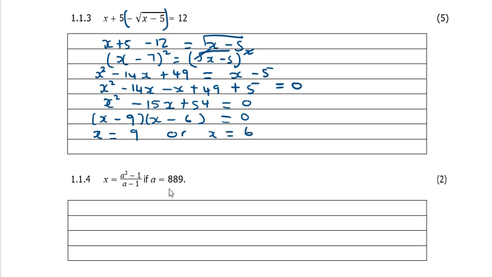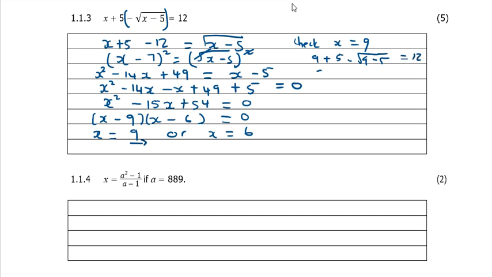But then remember, if you've got a square root in the original problem, you always need to check your solutions. It's possible that not both solutions will be correct because of that square root. So let's plug both solutions into the original equation. Let's start by checking x equals 9 first. So 9 plus 5, 9 minus 5, is it going to give us 12?